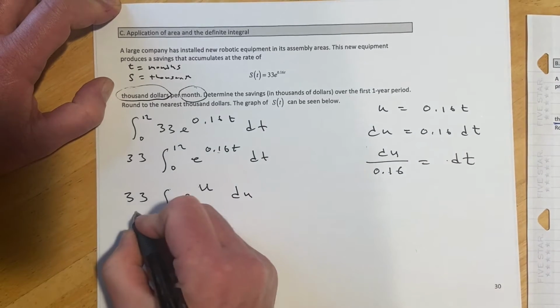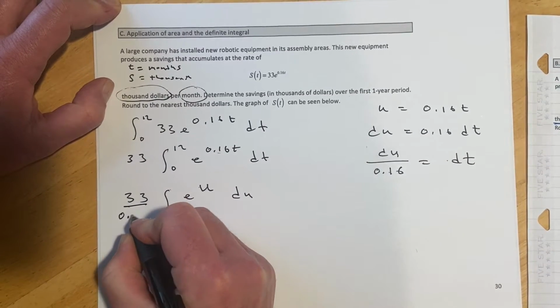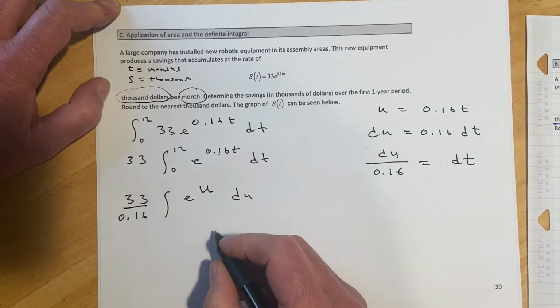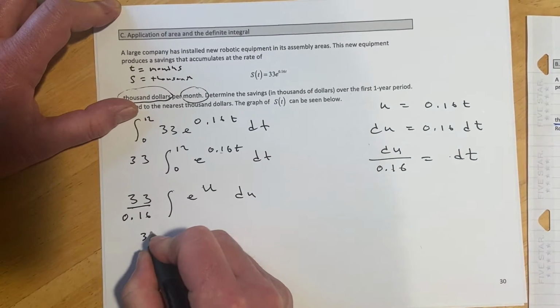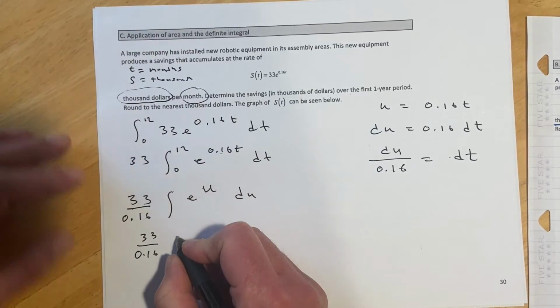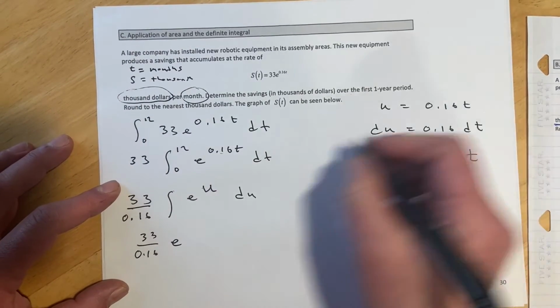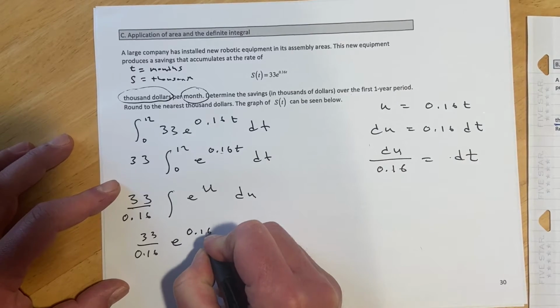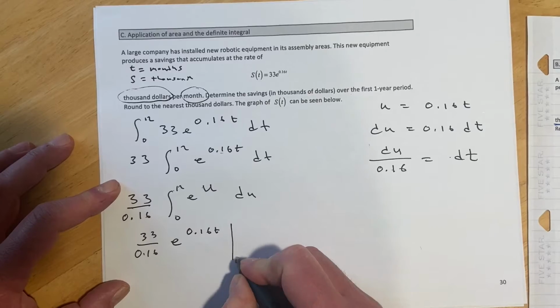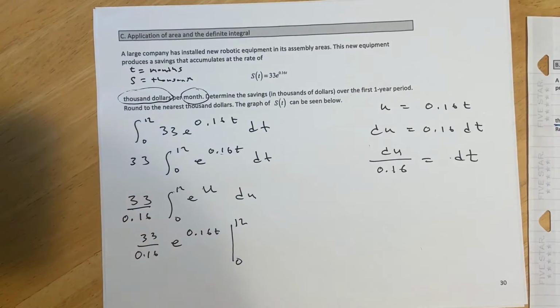And then this piece right here, I'm just going to drop right out front with the rest of the constant. And now we can integrate, and we'll just get 33 over 0.16, and then this will be e^u, and u was that 0.16t, evaluated from 0 to 12.